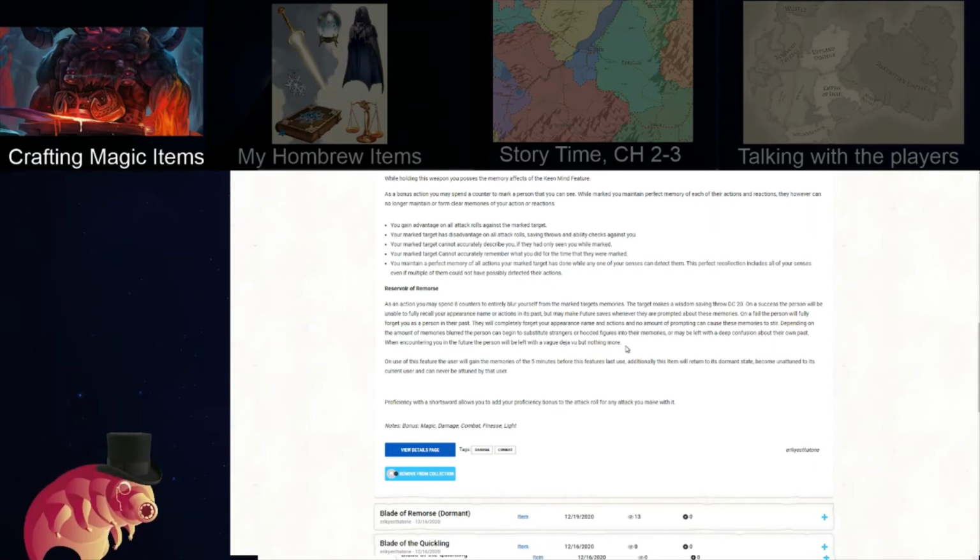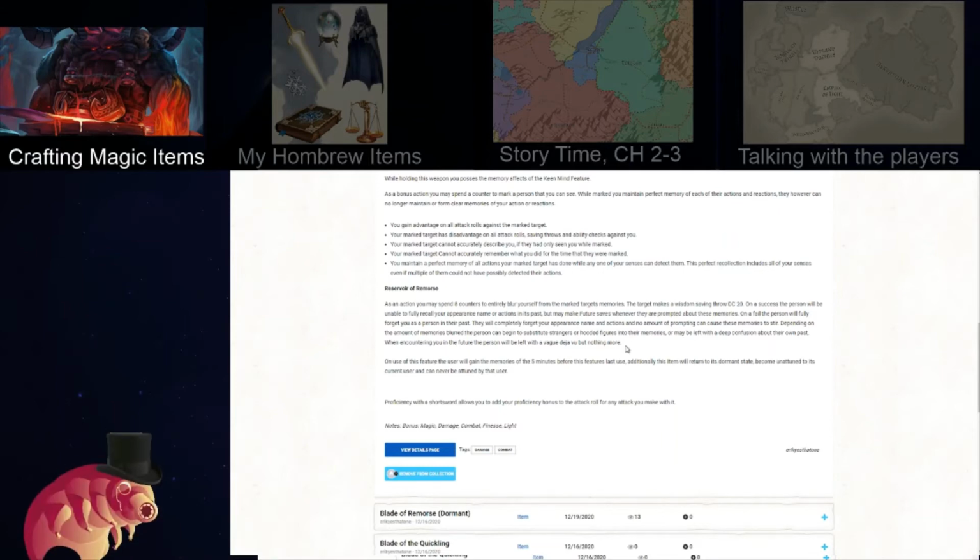Depending on the amount of memories blurred, the person can begin to substitute strangers or mysterious hidden figures into their memories, or may be left with a deep confusion about their own past. When encountering you in the future, the person may be left with a vague sense of déjà vu, but nothing more.